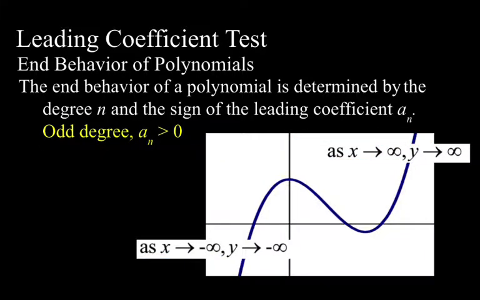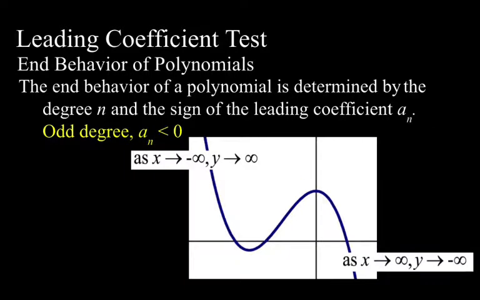And the next one is going to be an odd degree function with a negative leading coefficient. Now, this is where we have to pull out some of the information that we've done earlier in the year. If we put a negative in front of a function, that reflects the function over the x-axis. So whatever was positive becomes negative, and whatever was negative becomes positive.